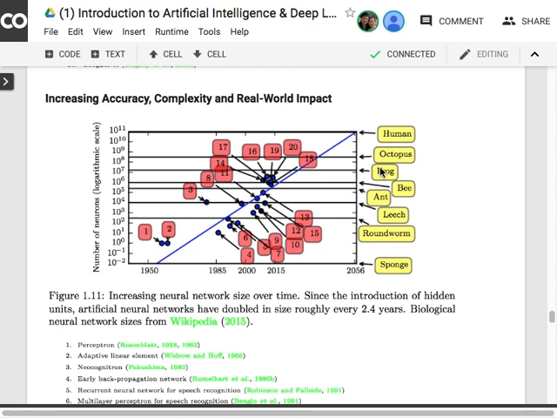You can see our AI nowadays, and they project that in 2056, the AI algorithm is going to be at the same level as the human in terms of the number of neurons.